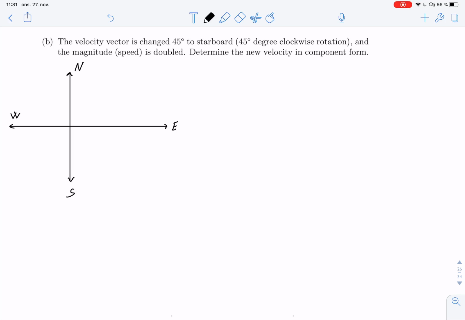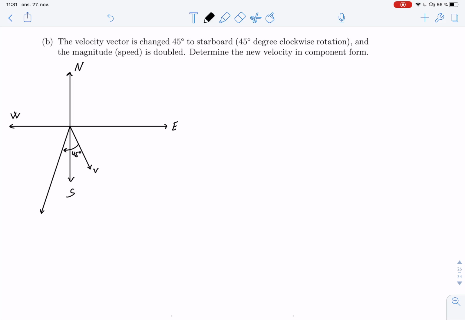Started out with something like this. And now we are turning it 45 degrees to a new velocity, and the magnitude is doubled. Determine the new velocity in component form.